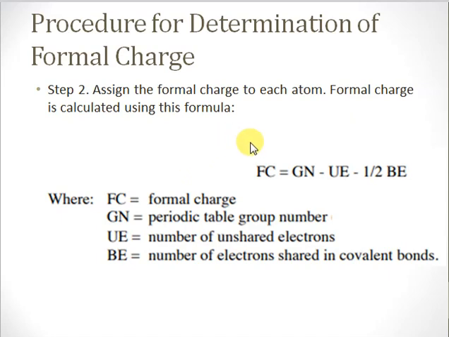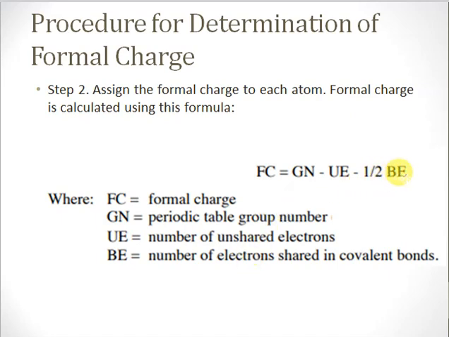For example, if there is an oxygen-hydrogen single bond, the number of electrons shared is 2, and we divide it by 2, so that becomes 1. So this is the formula for calculation of formal charge: for the atom we are considering, its group number, minus the number of unshared electrons, minus half the number of electrons shared in covalent bonds.